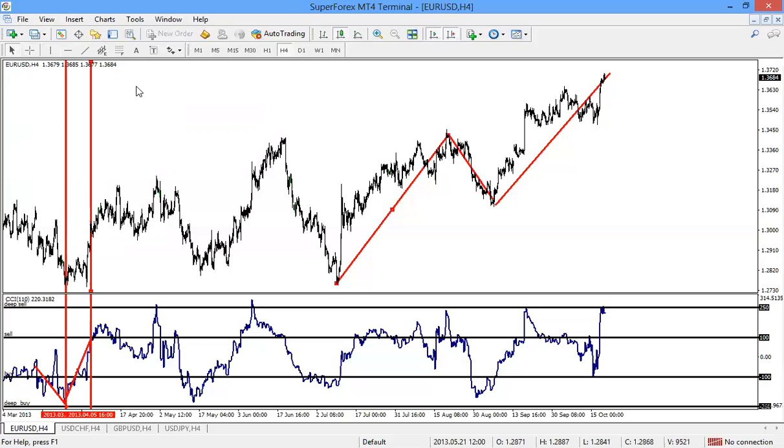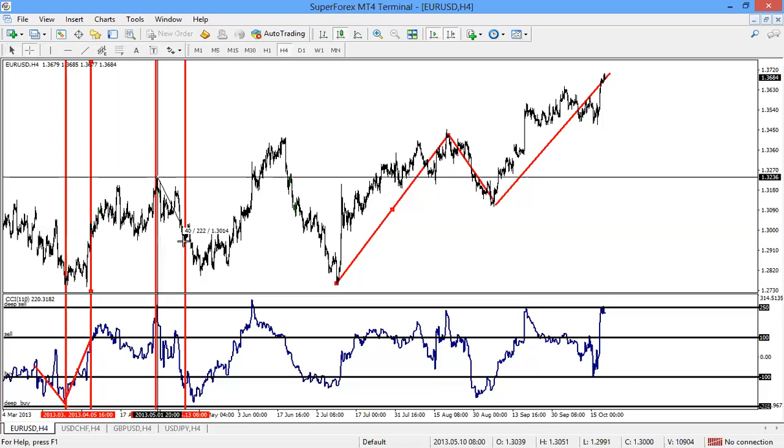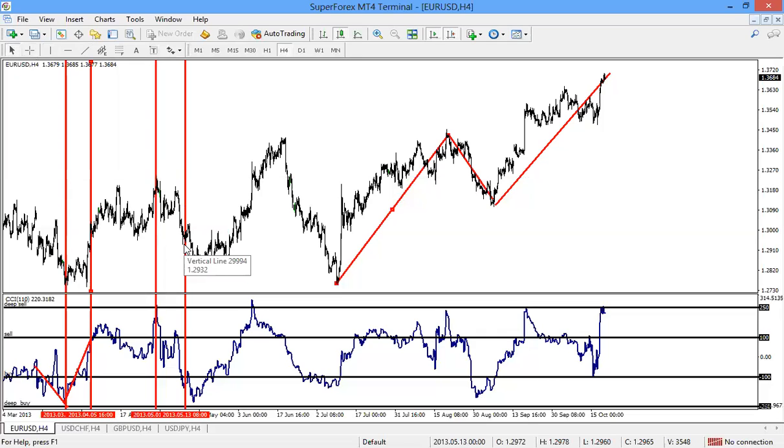Then it comes on deep sell here. The moment it touches the buy zone, you exit. It's around here. You could have enjoyed the market selling for around 40 pips. Then it tells you to buy again around here.